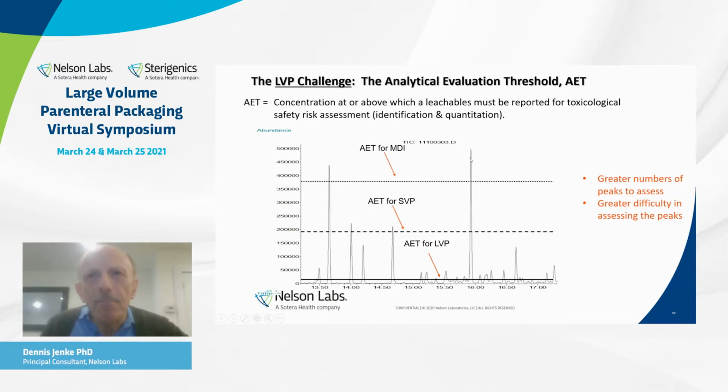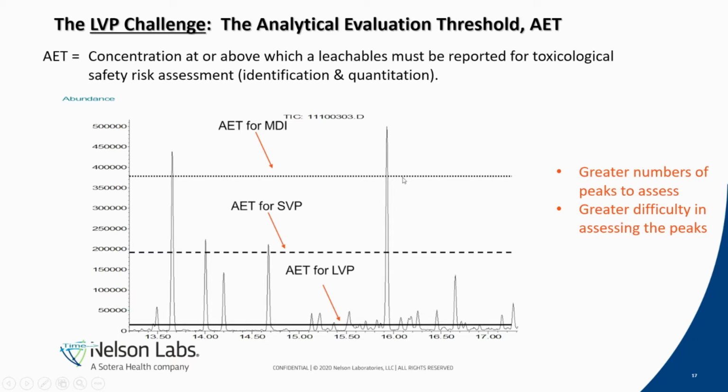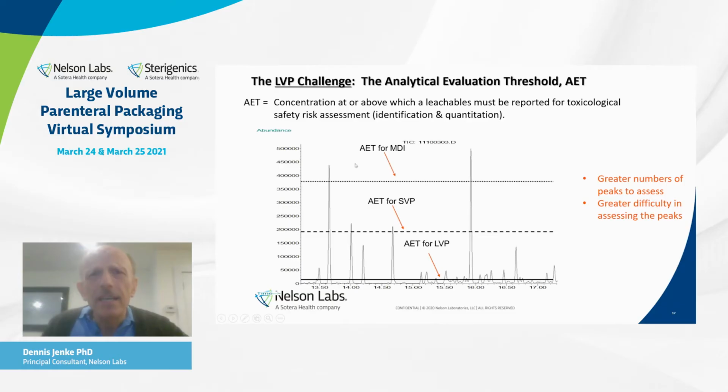Any peak that's above or equal to the line needs to be reported for safety assessment because it's potentially unsafe. Every peak below the line does not need to be reported for a toxicological safety risk assessment because it is safe regardless of its identity. That's how the AET is derived, and that's the scientific significance of the AET.